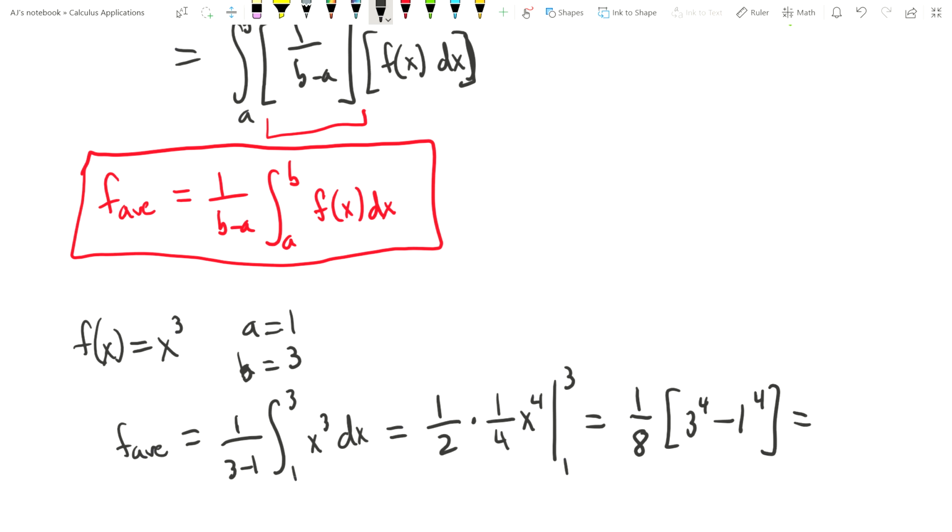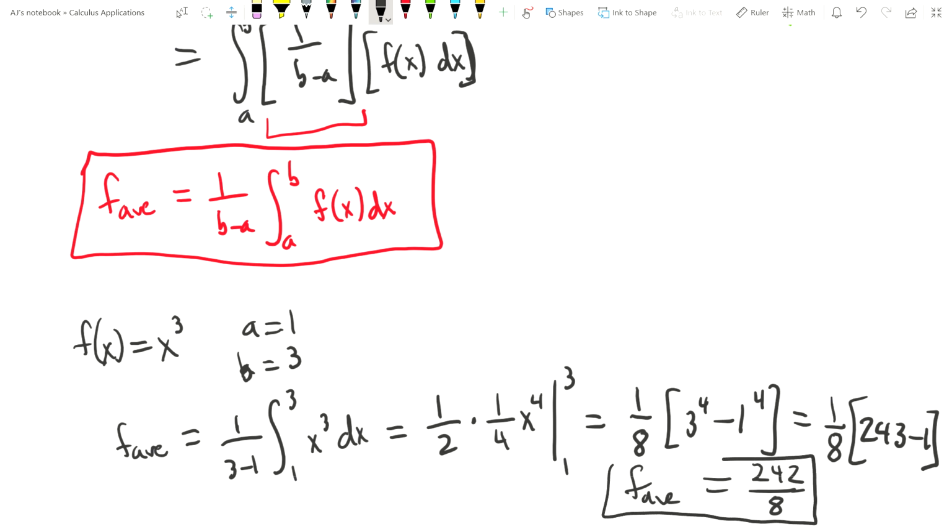And that is going to be 1/8 times, 3 to the 4th is 243, and 1 to the 4th is 1. So this is just going to be 242 over 8. So the average value of the function x cubed between the values of 1 and 3 is simply 242 over 8, and this can be simplified further if you desire.